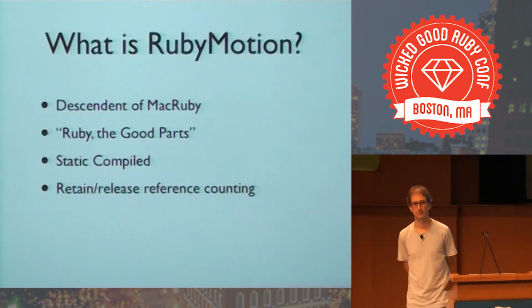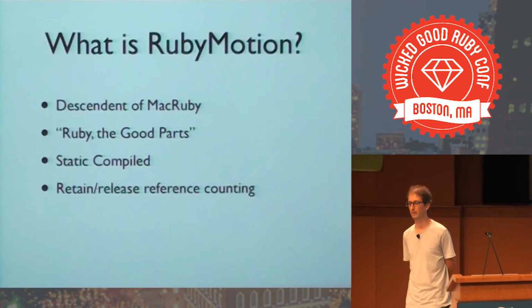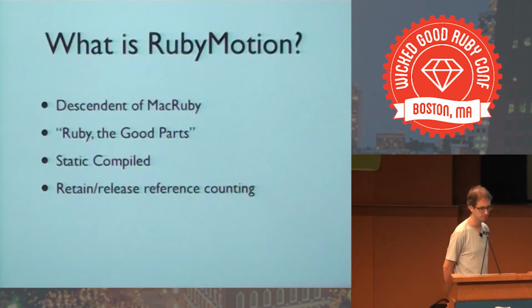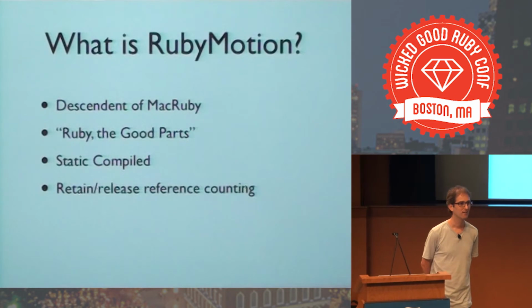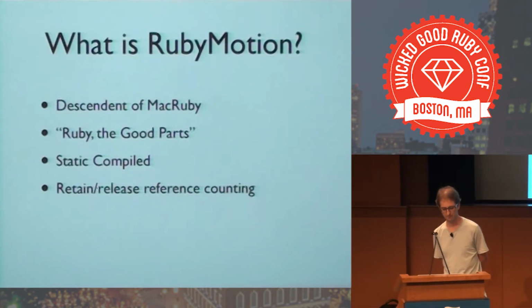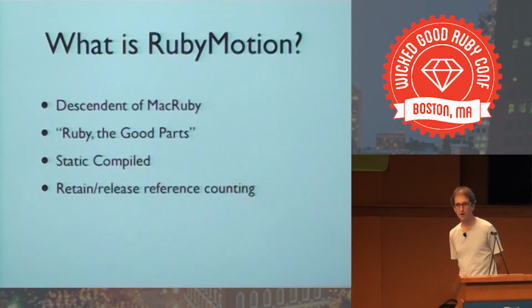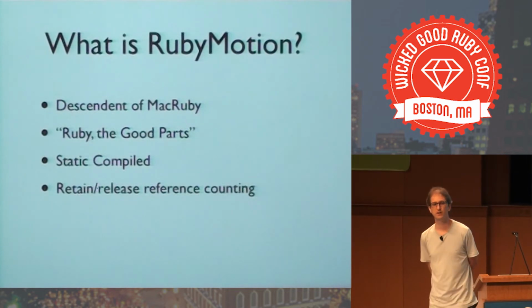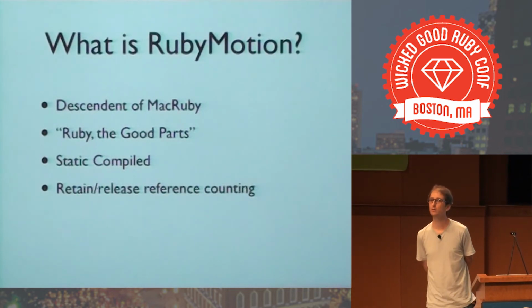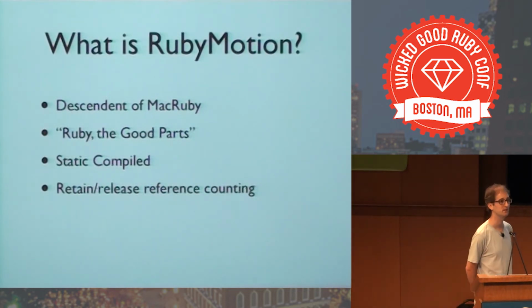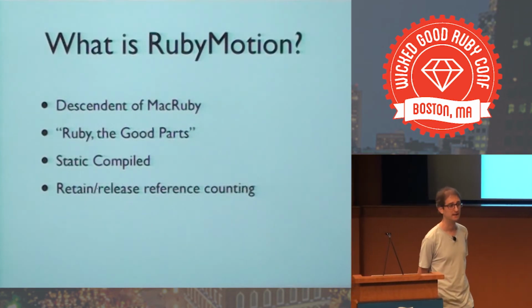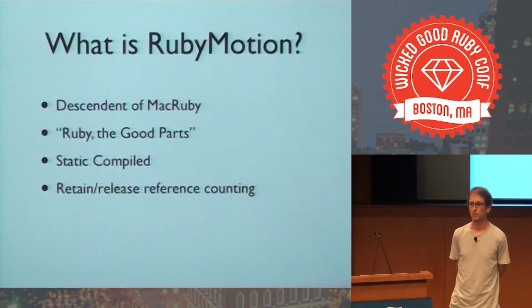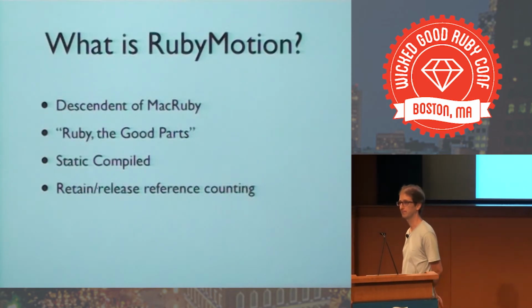Most of these are sort of obscure metaprogramming or various corner cases of the Ruby runtime that you could probably live without. Also, instead of being able to run these things dynamically, now your files are all completely statically compiled down to a single executable. And instead of a garbage collector, we now have reference counting.